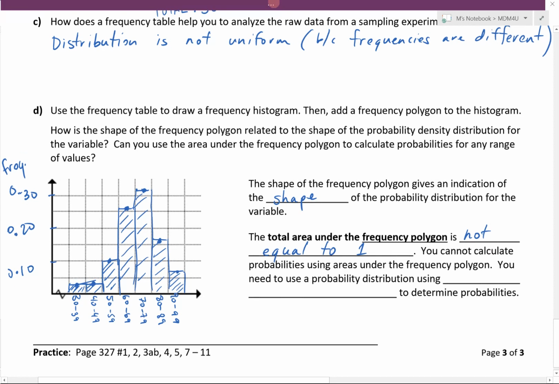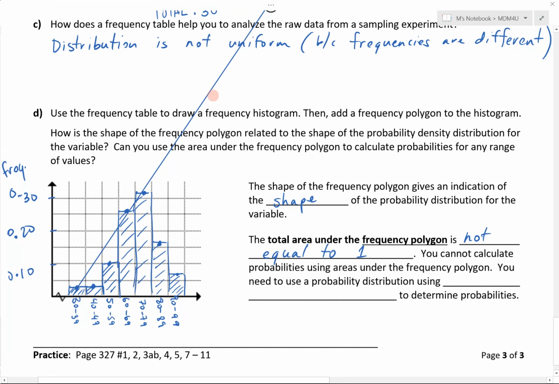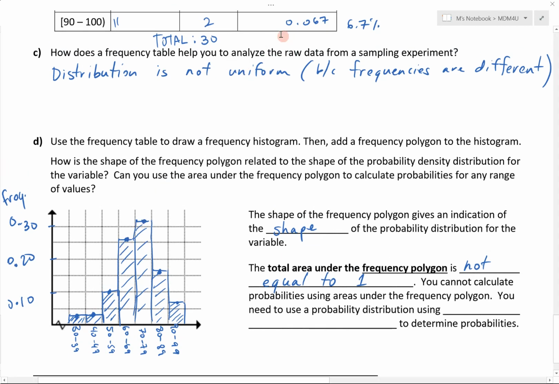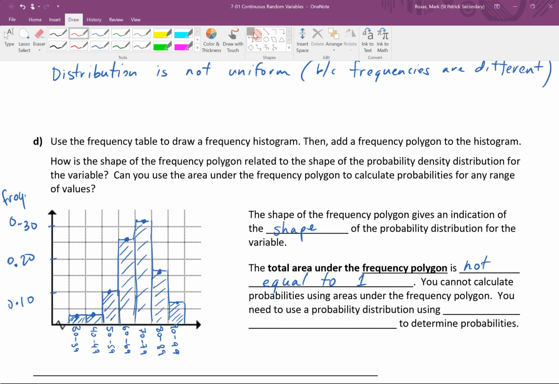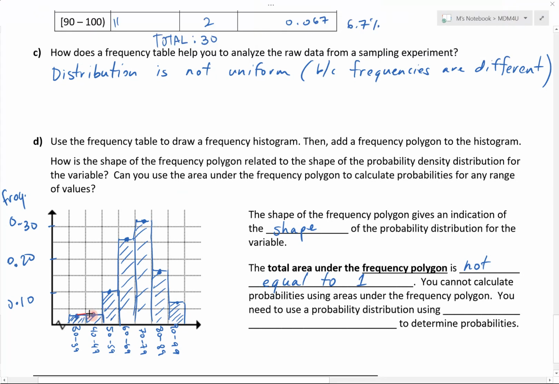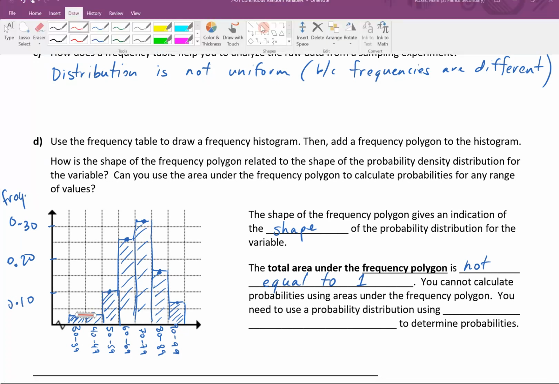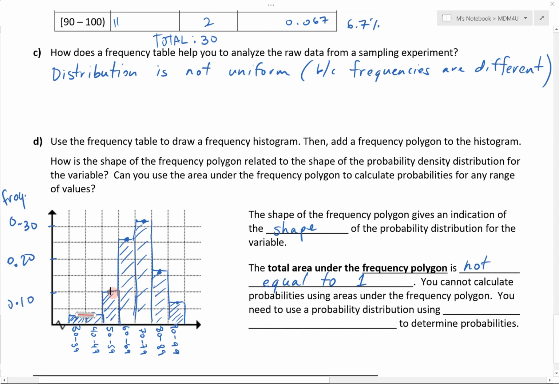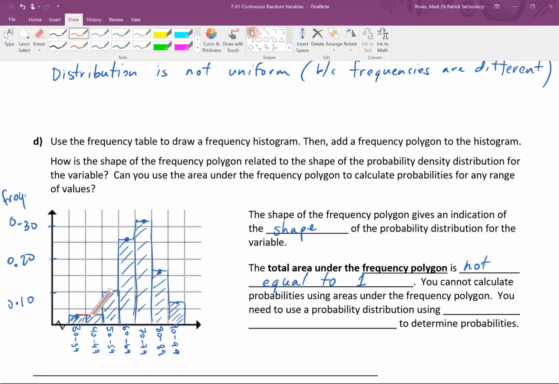Let's change the color and make that red. Straight lines. Another one. Draw another one.